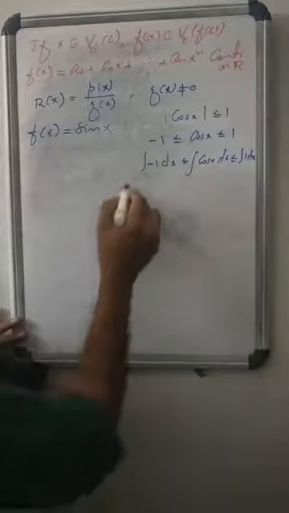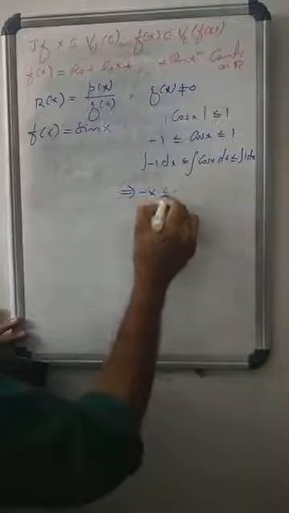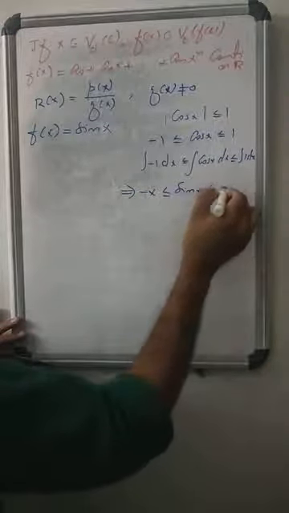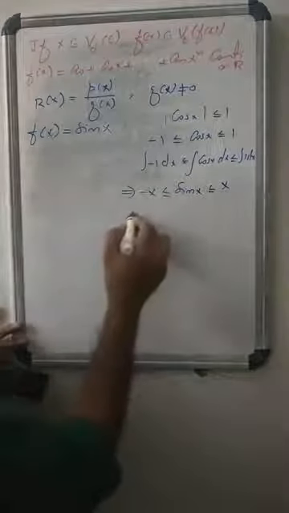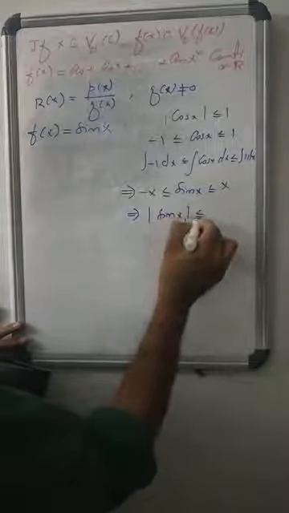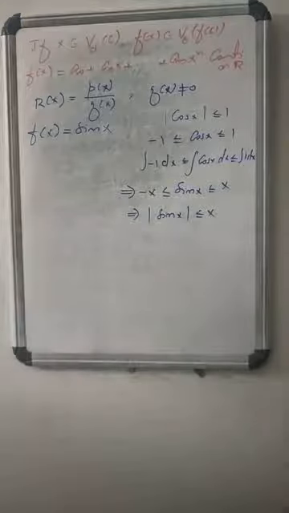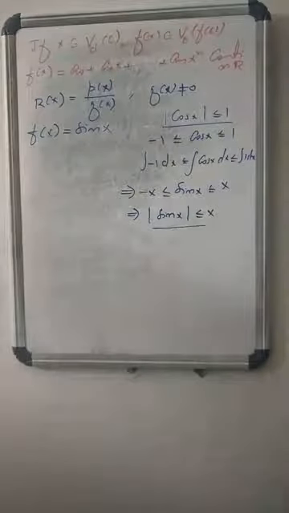Clear? Integral minus 1 dx is minus x, integral cos x is sin x, and integral 1 dx is x. So that means modulus of sin x is less than or equal to x, as well as mod cos x less than or equal to 1.